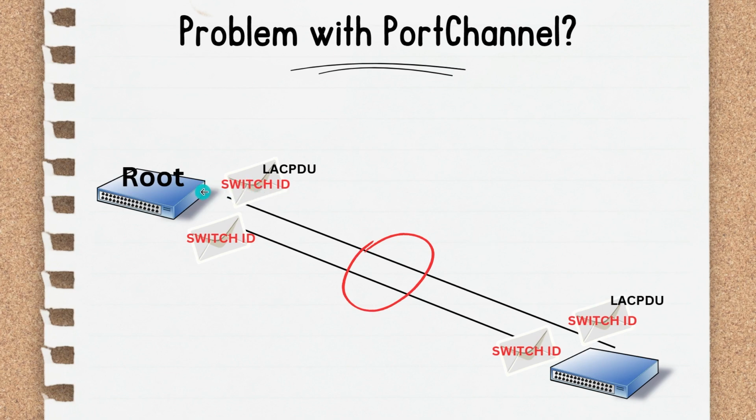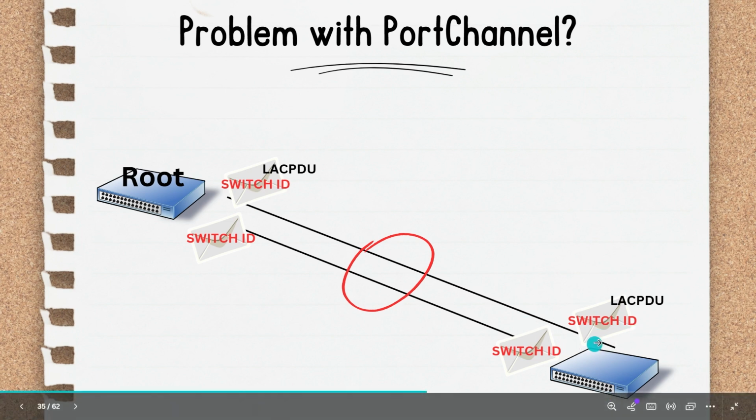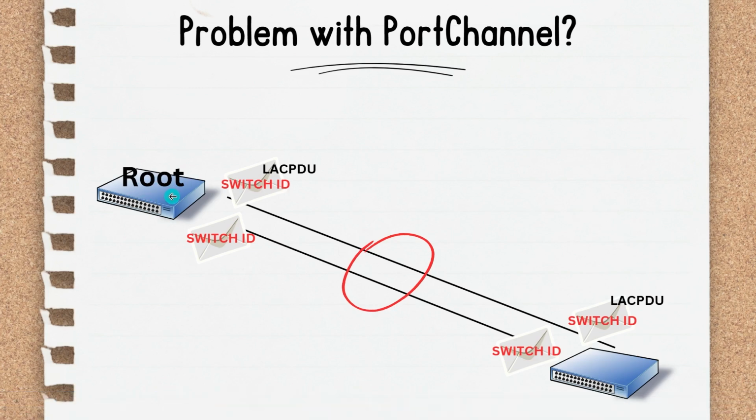These ports will receive the switch ID of this switch. For these two ports the switch ID will be the same because it is being sent by this switch only. And again, for these two ports on this switch, the switch ID will be the same because it is being sent by this bridge.